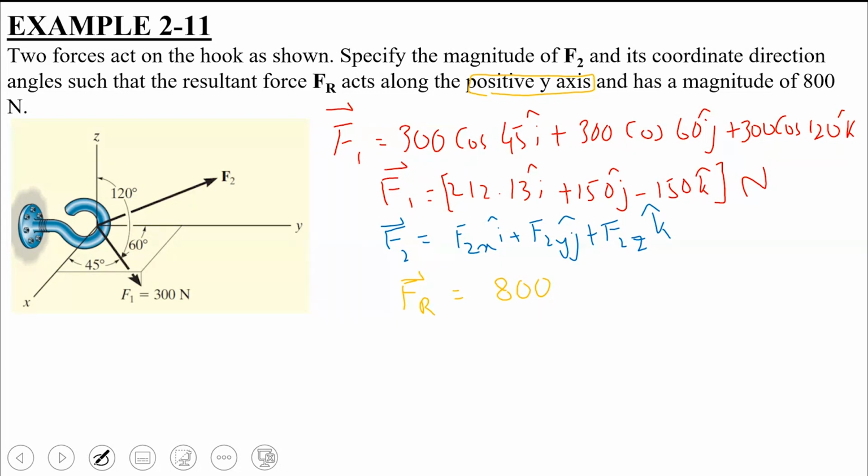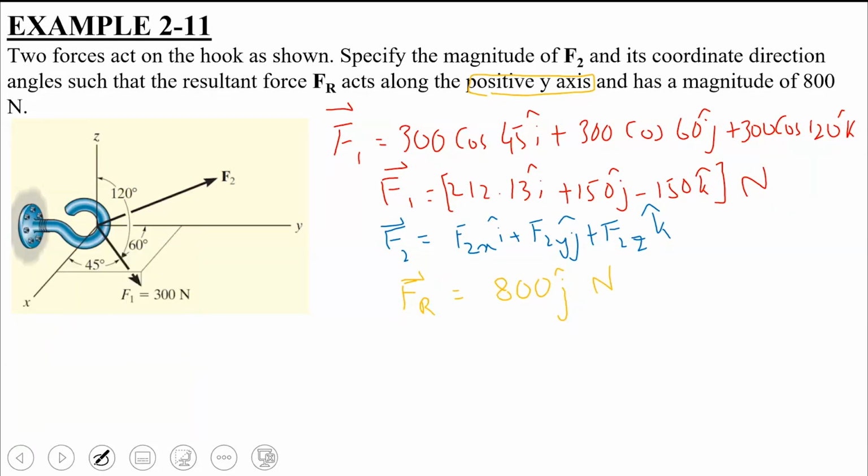F1 और F2 का रिजल्टेंट Fr है जो कि गिवन है आपको कि it acts along the positive y-axis with a magnitude of 800 Newton. So if a vector is acting along the positive y-axis, what should be the unit vector which we should include with 800 Newton? So unit vector j आपने ऐड कर दिया. Is it clear to all of you? Yes sir. Okay.